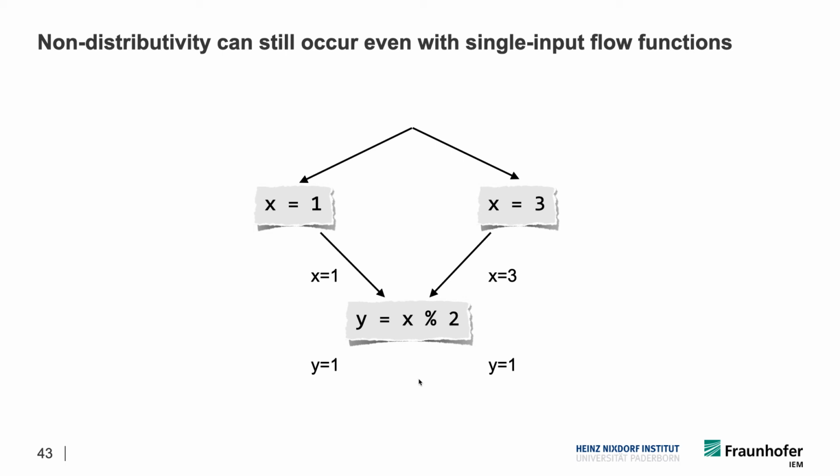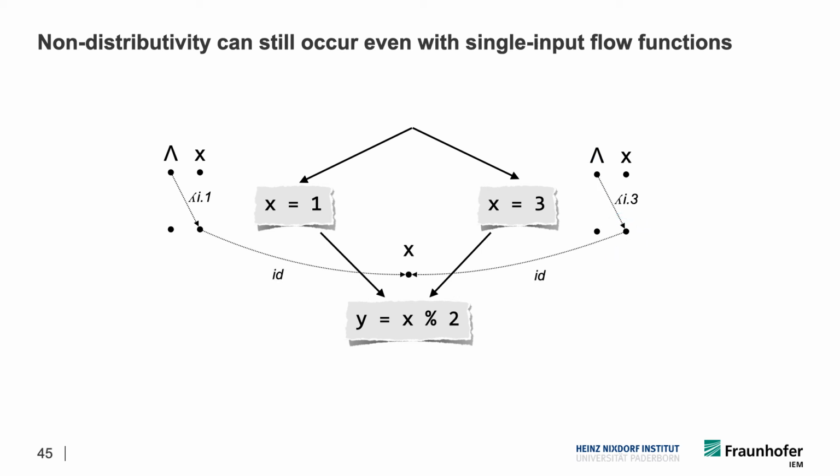Now, if you look at IDE though, you will see that this is not quite what we are getting. With IDE, we would here get the constant function 1, and here the constant function 3. So far, so good. But now we would merge these functions together before actually applying the flow function.